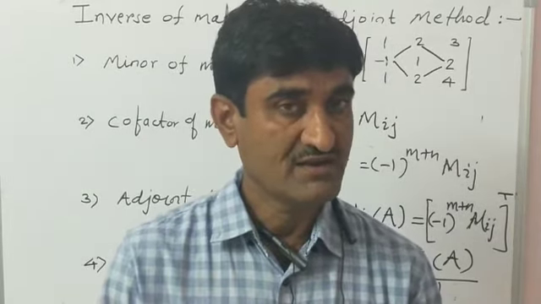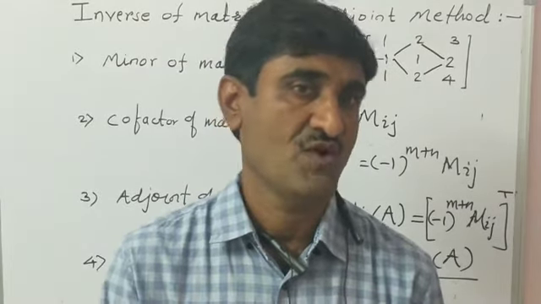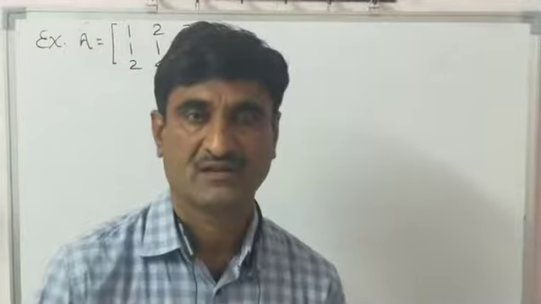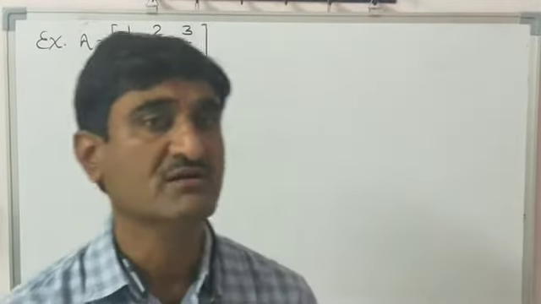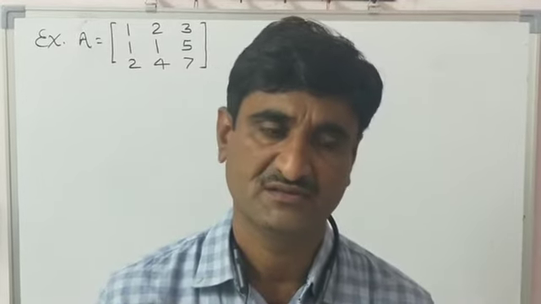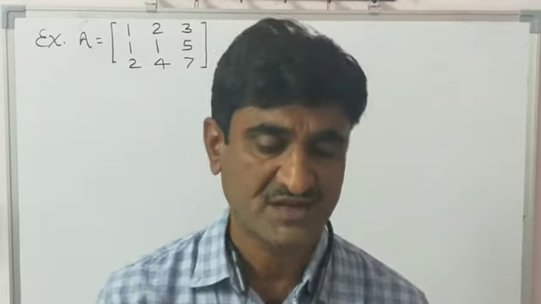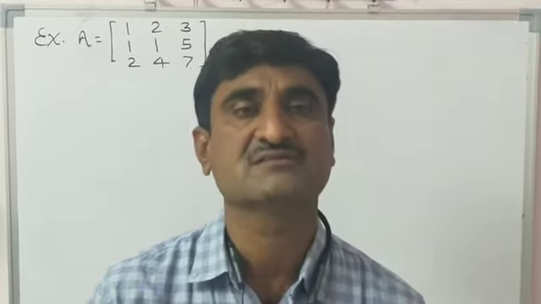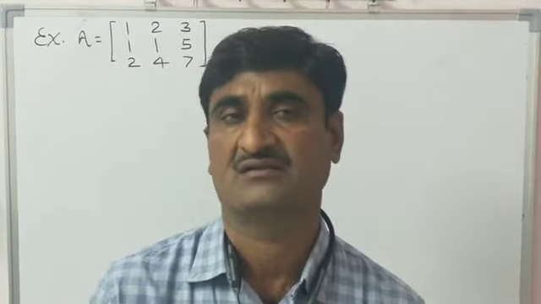All our ideas will be cleared in one example. Now let's take an example: find the inverse of a matrix by the adjoint method. We discuss all the steps in finding the inverse of a matrix by the adjoint method. Now let's start the example.